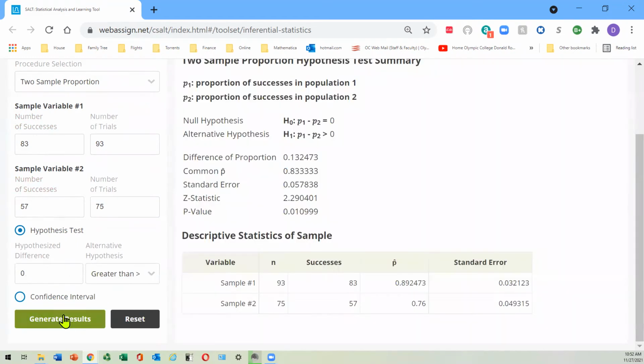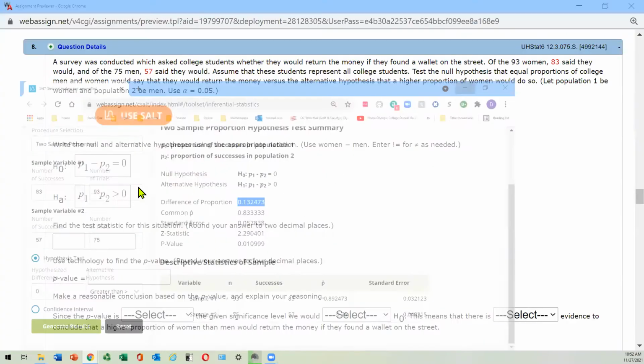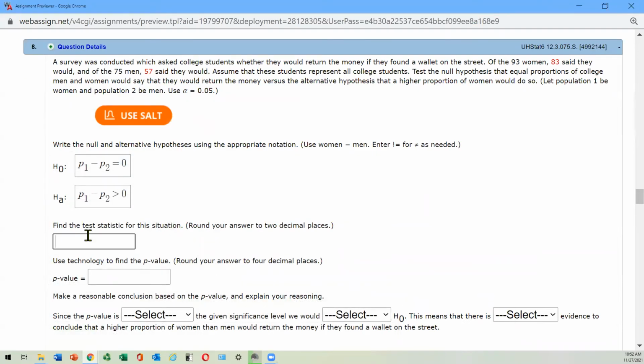And then we generate results. And so the difference in proportion is this number here. So take that away. There we go. 2 decimal places, so I guess that's going to be 0.13. P-value now.